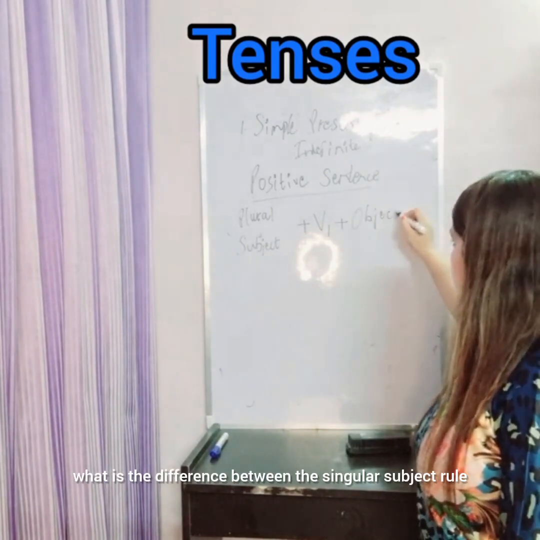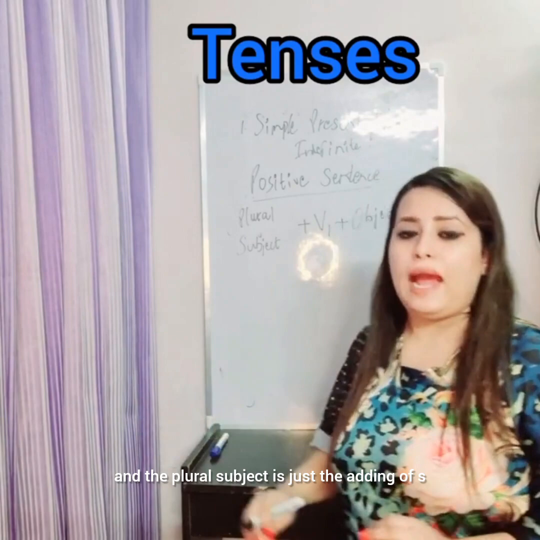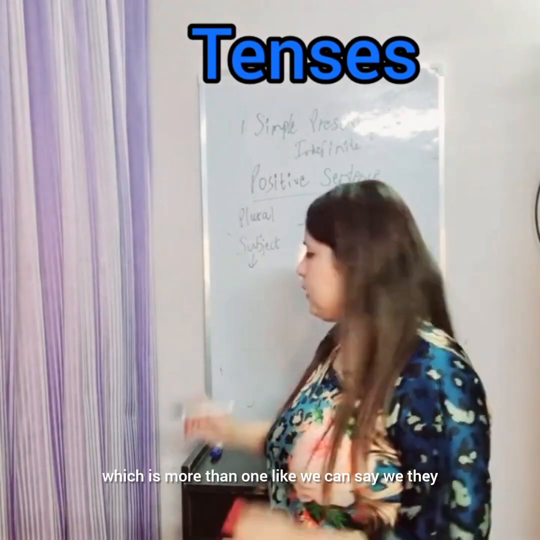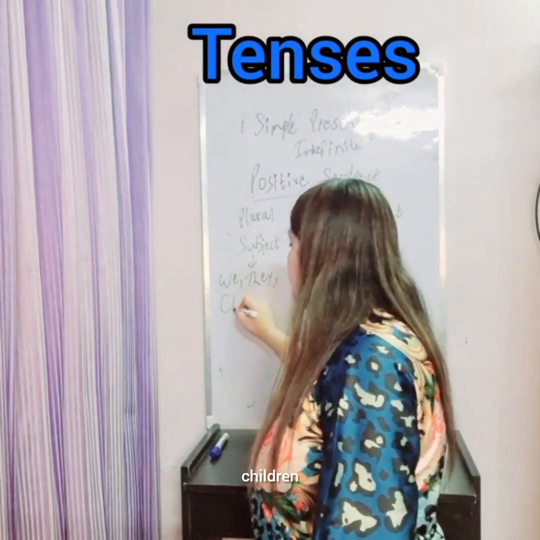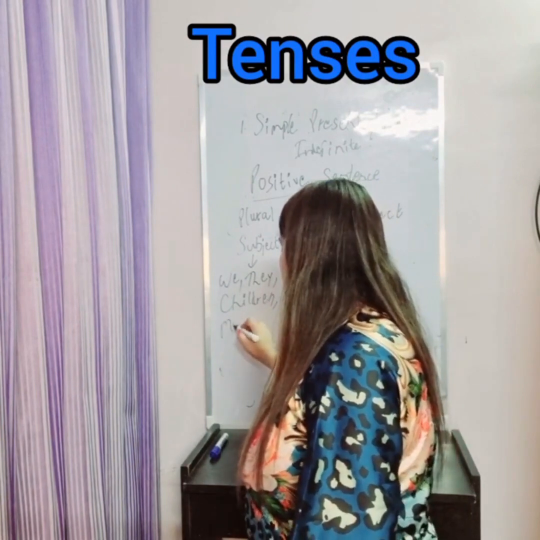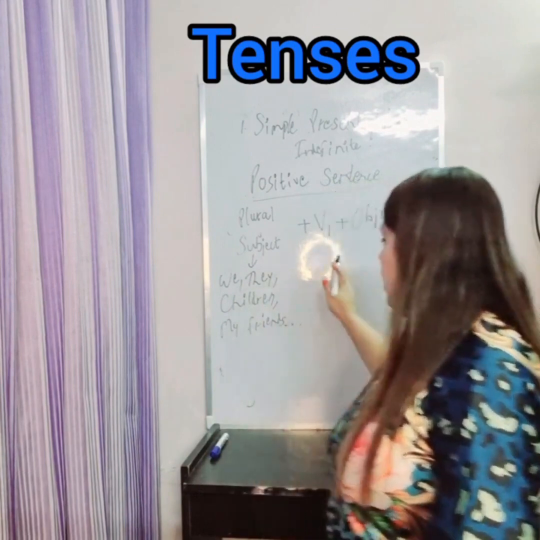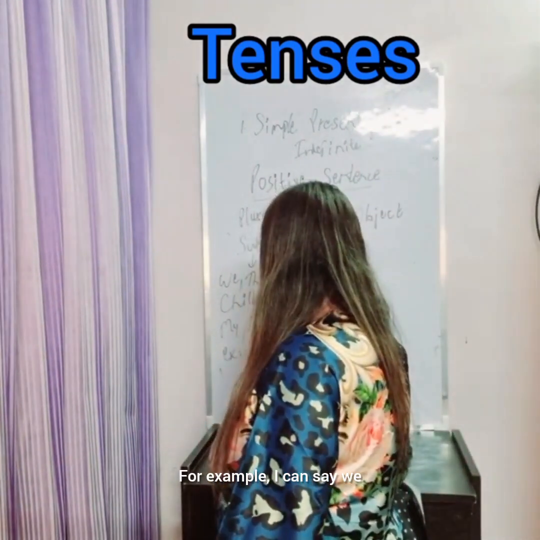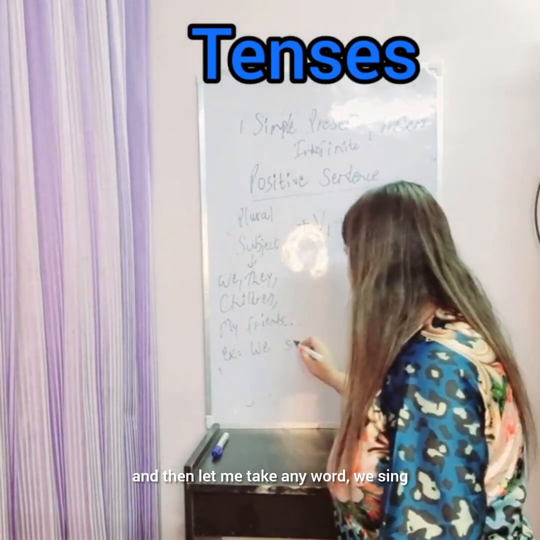The only difference between the singular subject rule and the plural subject rule is the adding of s or es. Plural subject is something which is more than one, like we, they, children, my friends. All these are plural subjects. Now let me give you an example. For example, I can say we sing.